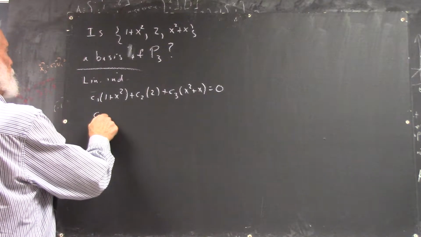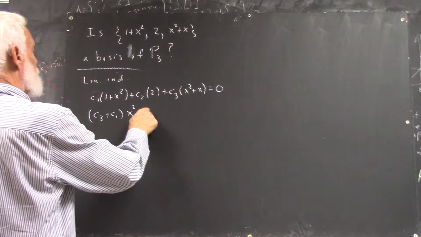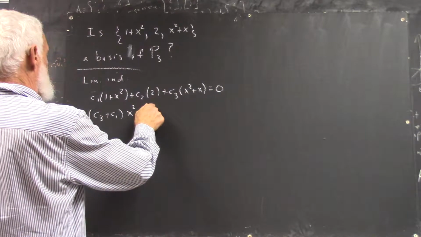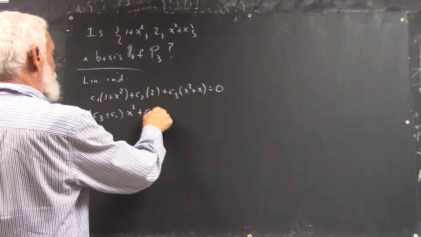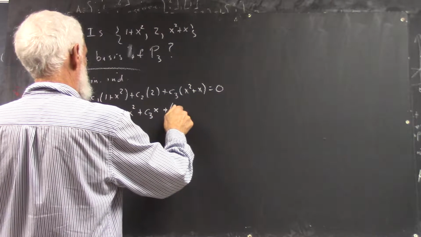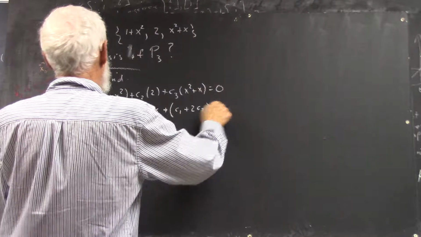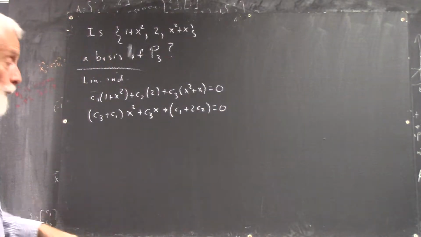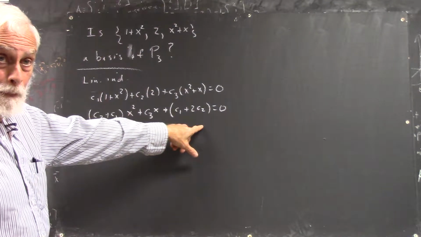We've got C3 plus C1 x squared plus the only x we have is with C3x plus C1 plus 2C2 equals 0. Just rearranging this so we have our multiples of x squared, x, and our constant number, right?